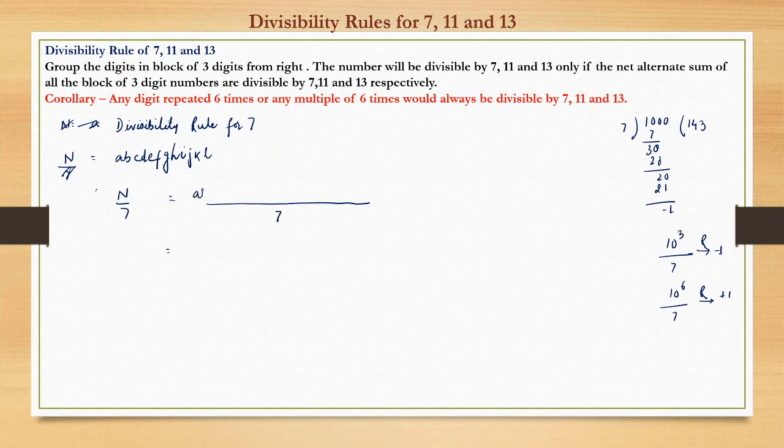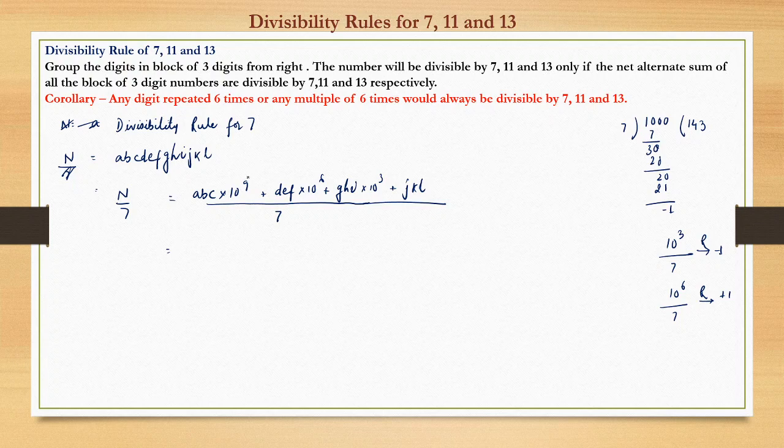Right. So now let us see how we can write this: ABC into 10 raised to power 9 plus DEF into 10 raised to power 6 plus GHI into 10 raised to power 3 plus JKN. This is the way we can write. And now we know that every power of 3 gives a minus 1.